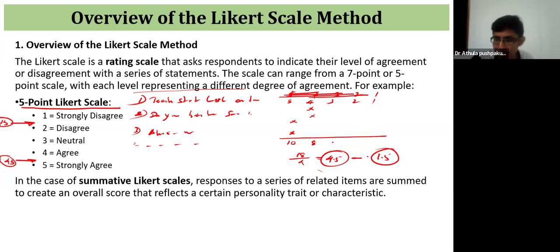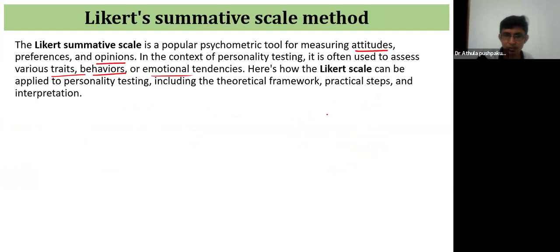Normally, based on this value, we can assess the views of the people. Therefore, we mention that the Likert summative scale is a popular psychometric tool for measuring attitude, preference, opinion, like emotion.